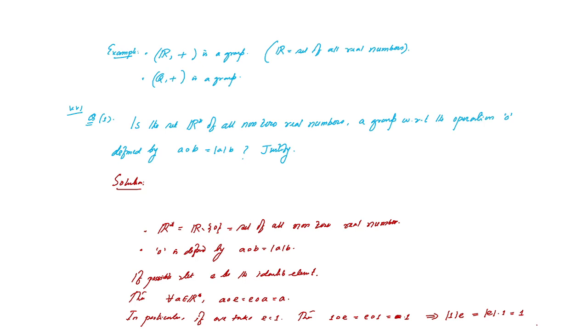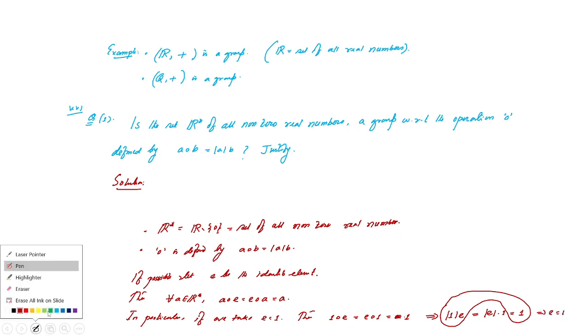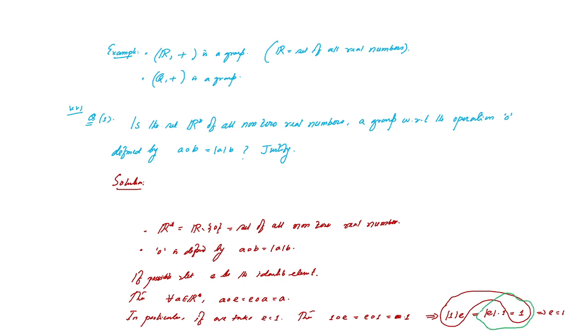And from the first case, we can say E equals to 1. And from the other case, that means from the second case, we take last two relation that comes under mod E equals to 1.